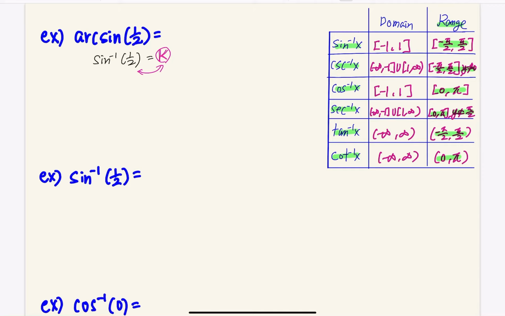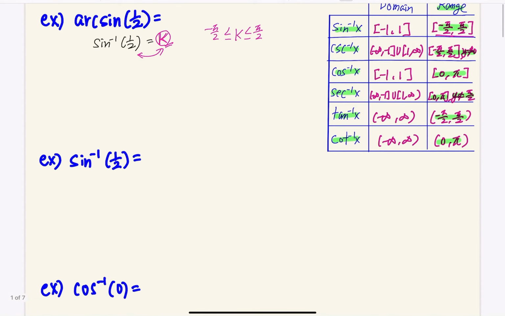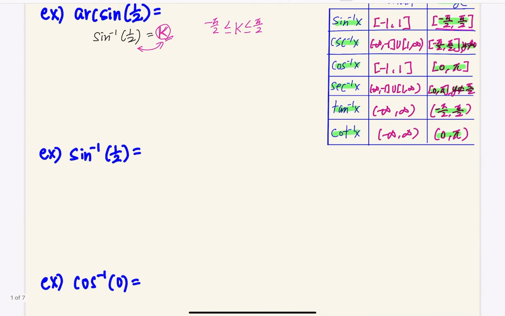So k should satisfy range of inverse sine, which is between negative pi over 2 and pi over 2. And then you switch x and y so that we can use sine function. By switching x and y, we can go back to sine function, not sine inverse anymore.